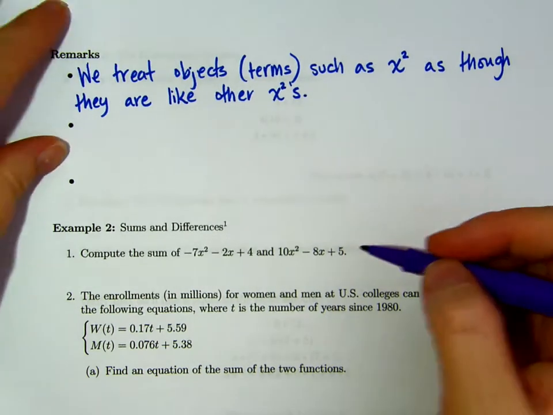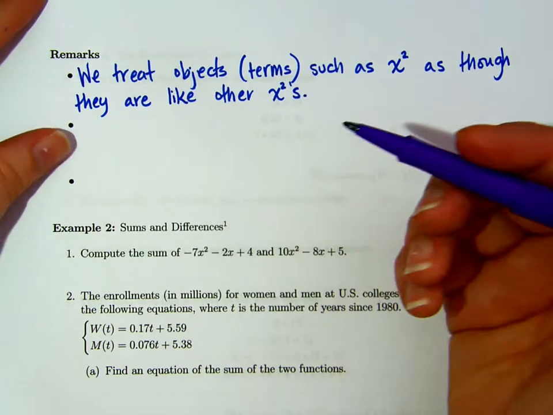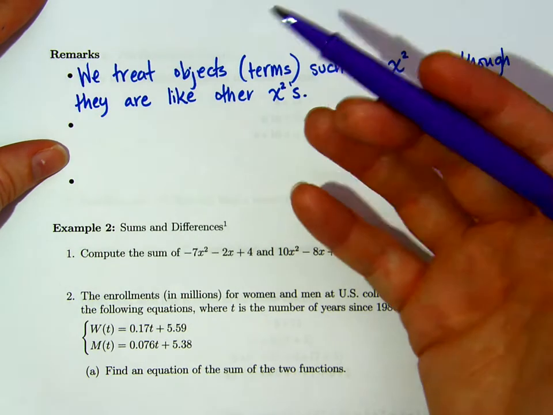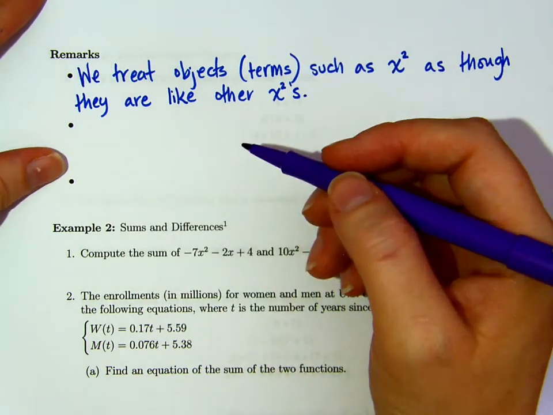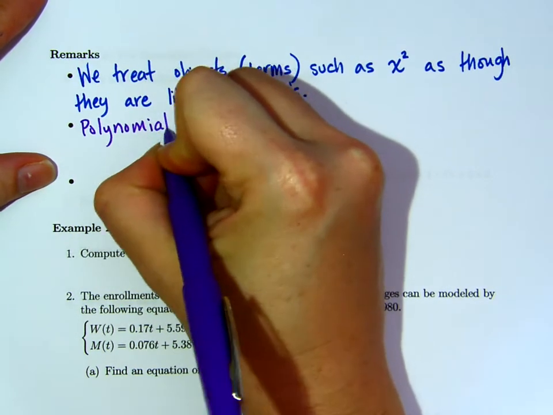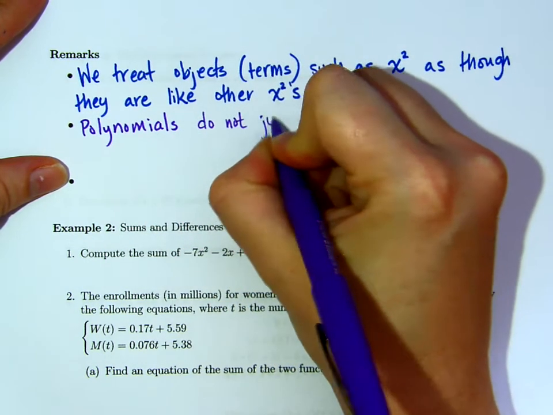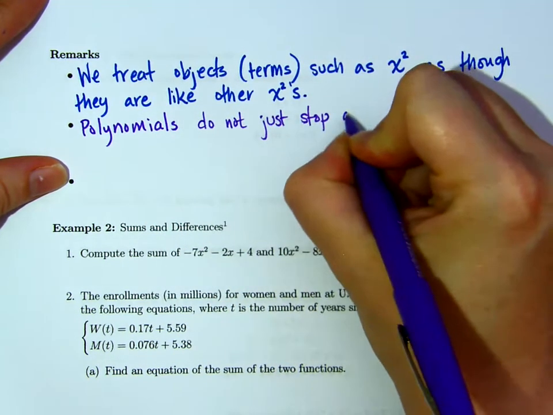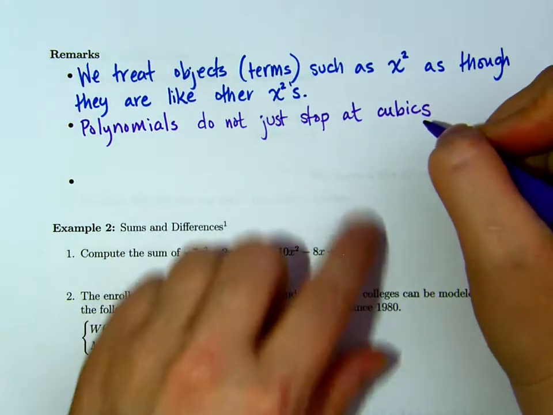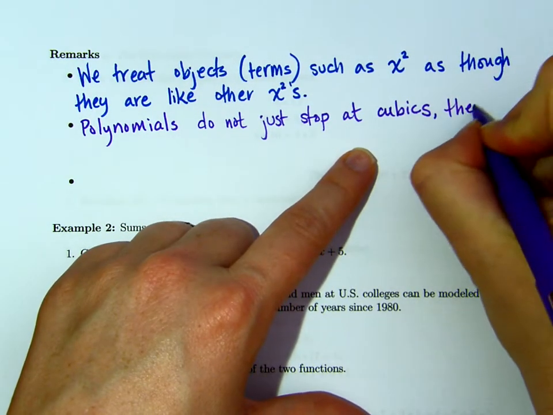Another thing that's remarkable, polynomials do not just stop at cubics. They can have very high exponents, like there was a 17 in that example. And we use them if we need them. You know, these are extendables. So if we need quartics, we'll create them if it's a better model for a given situation.